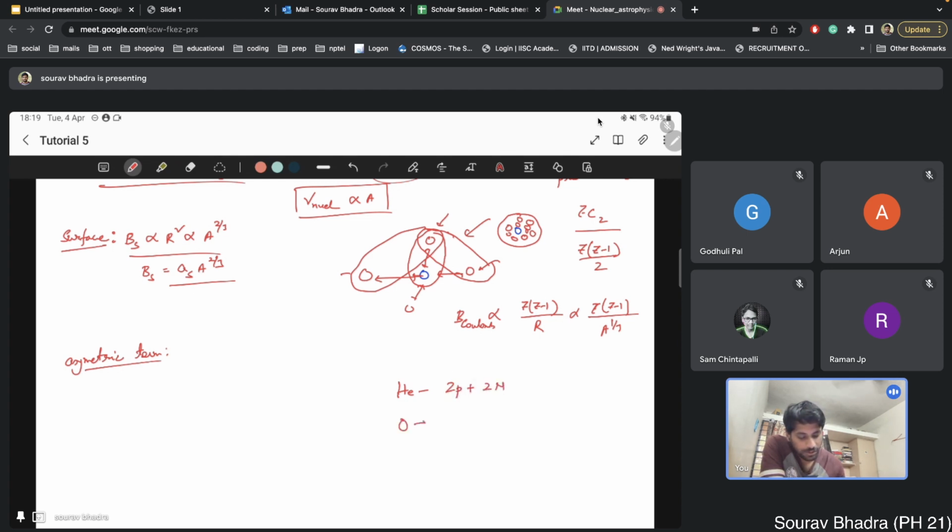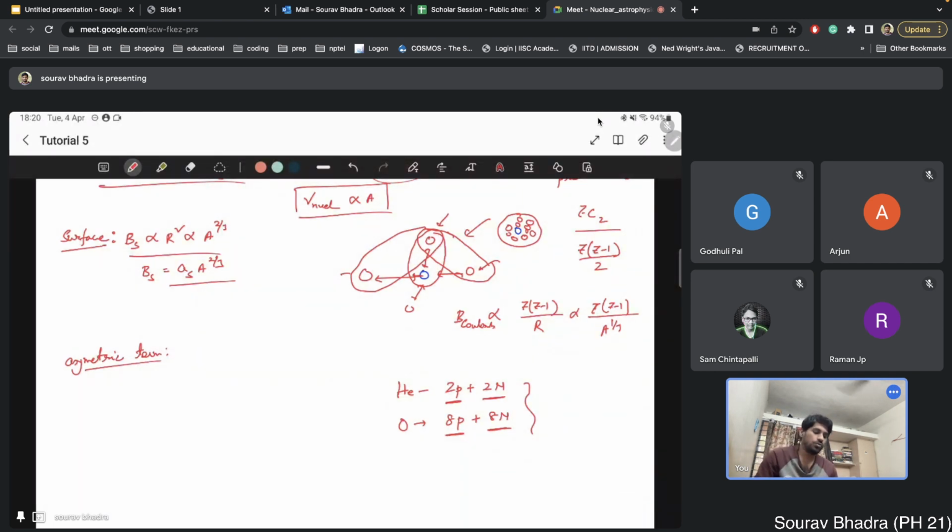For oxygen also we have 8 protons and 8 neutrons. So we have the same number of protons and neutrons. This equal division of protons and neutrons holds up to some mass number of elements.